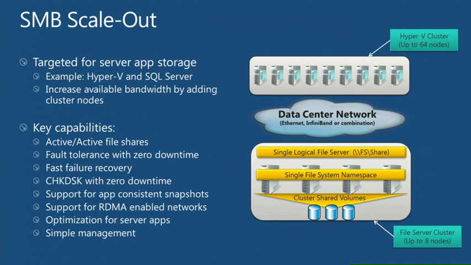Now, I want to say a single client will never connect to more than one node. But if you have 100 Hyper-V servers talking to a cluster of 2 file servers, because we do round robin when we connect, it is likely that half of the Hyper-V nodes will be talking to one file server cluster node, the other half on the other one.